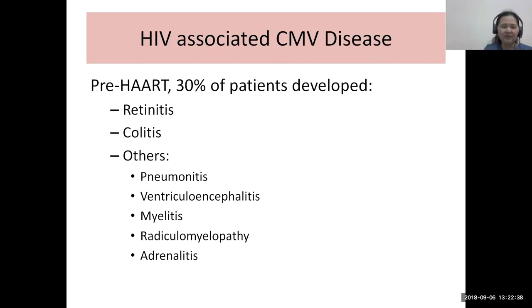So, nung before ARVs were used, so circa before 2000s, 1990s, no? Retinitis was very common, said to be affecting as much as 30% of patients. Pero itong colitis as a cause of diarrhea, pneumonitis as a cause of pneumonia that doesn't seem to get better is still happening right now.